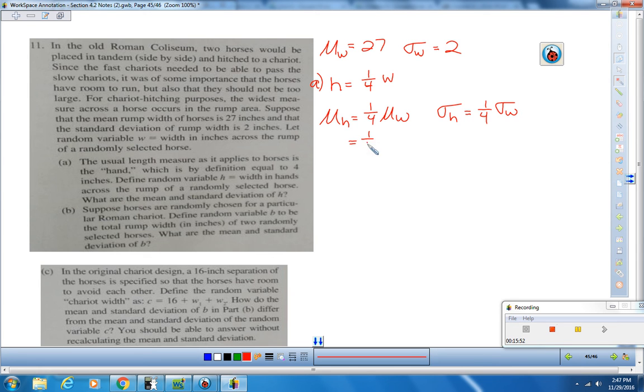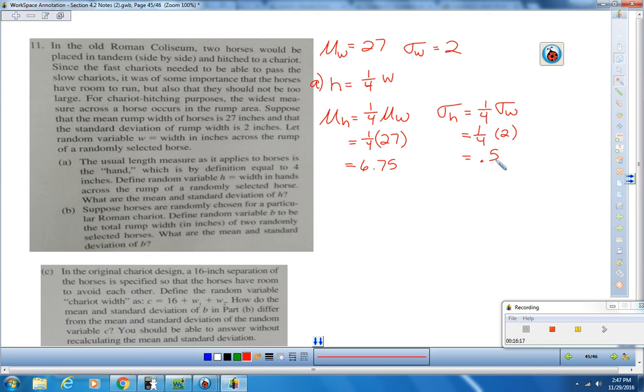So this is 1/4 times 27. And this is 1/4 times 2. So this looks like 6.75, and this looks like 0.5. So that's the mean and standard deviation for the number of hands, the width in hands across the horse.